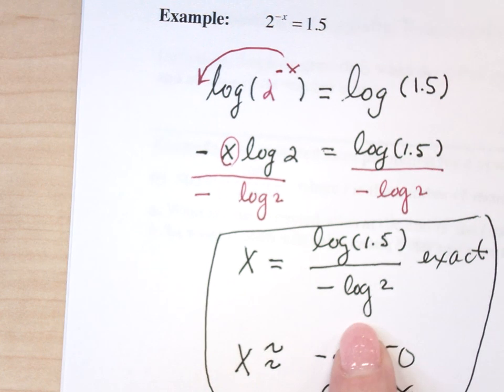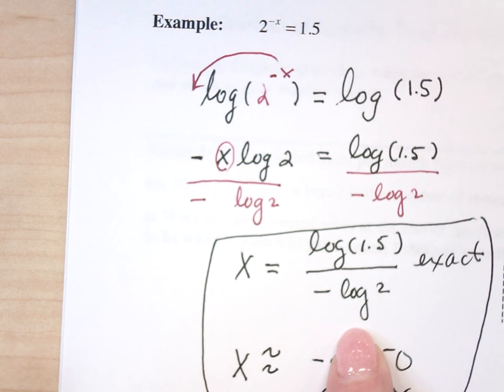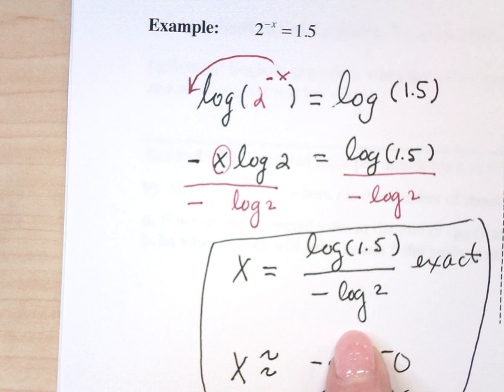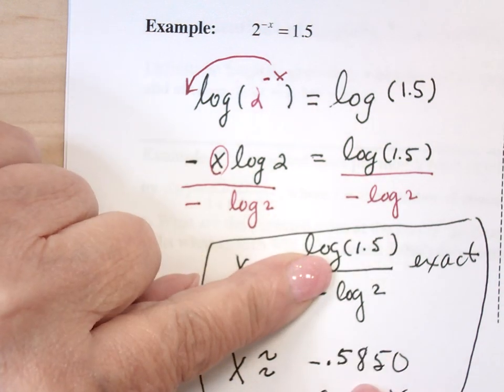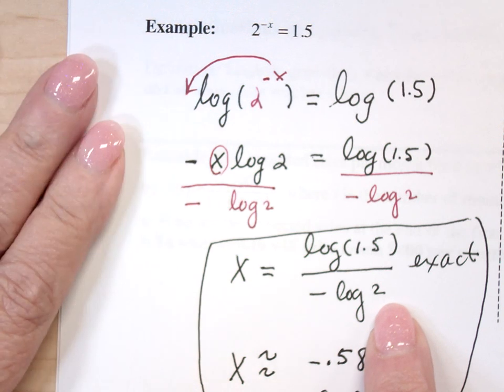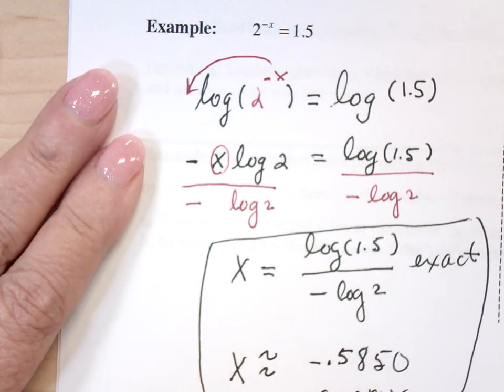This would be fine. I'd stop while I was ahead. Application problem, I need a number. Solve an equation, don't need a number. This is a better answer than the decimal anyway. Why? Because at this point it is exact, and I can take it to as many accurate decimal places as I need to.